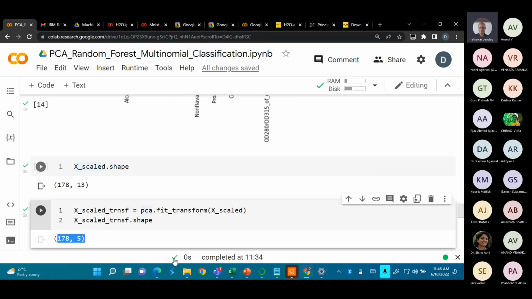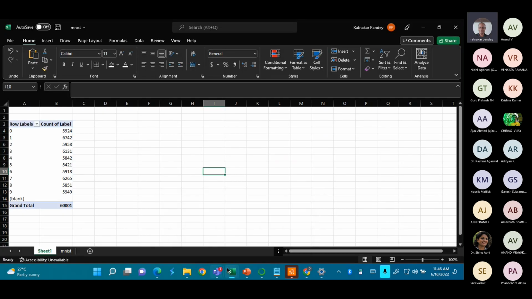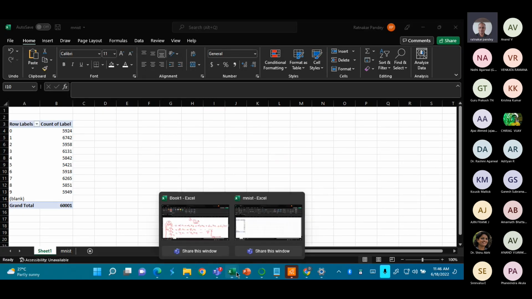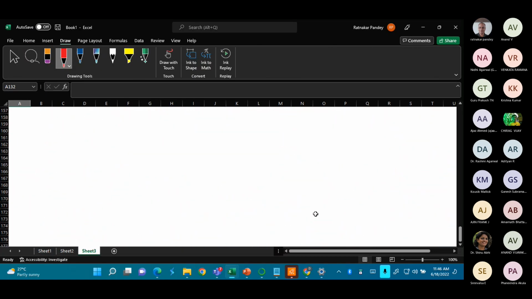I'll just draw it in an Excel file for the benefit of others as well. What is happening now is this: your data was X1, X2, X3 till X13. You found out that 5 PCs are the right number of components.